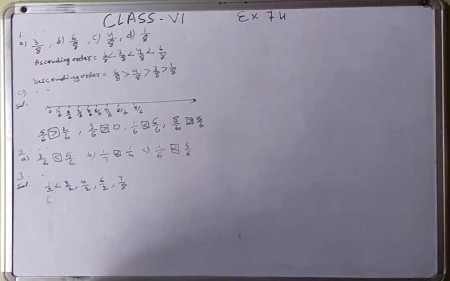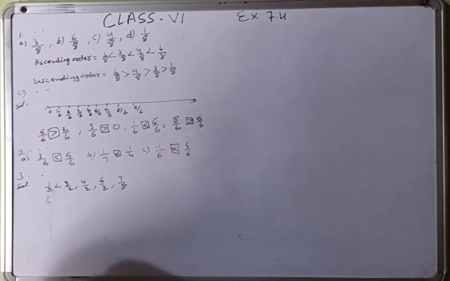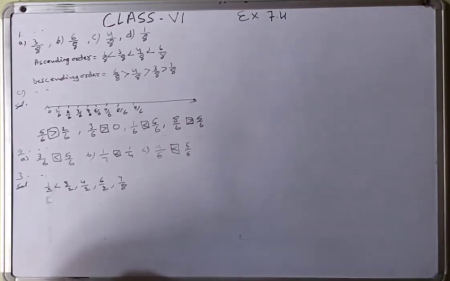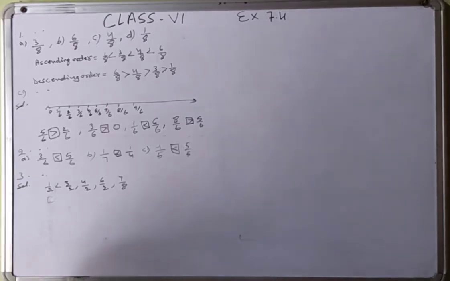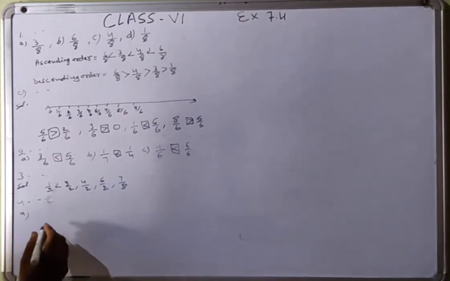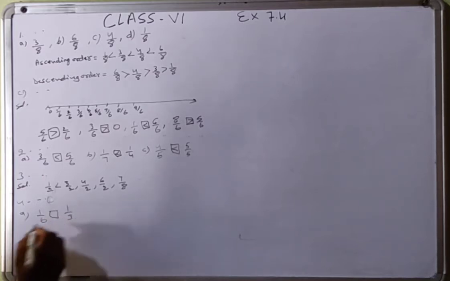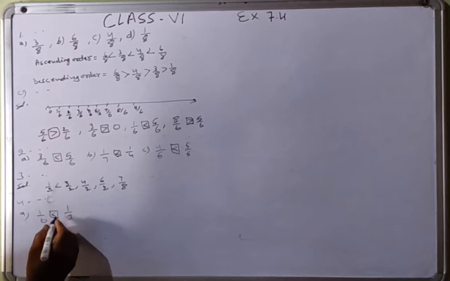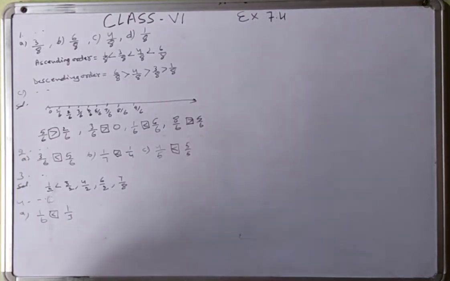Question number 4. Look at the figure, this one figure, and write greater, smaller, or equal between the given pair of fractions. So you will see this figure, and then the A part will be there. A part: 1/6 is greater or 1/3 is greater? 1/3 is greater because 1/3 is on the right side of 1/6.